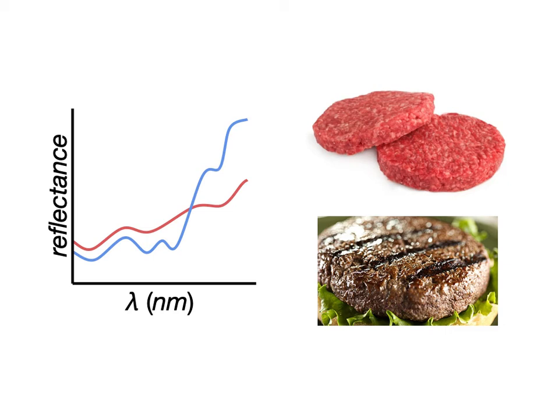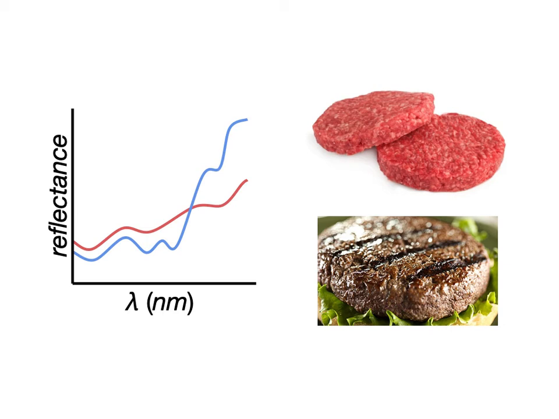You get more of this brown with shiny spots as opposed to this sort of matte red across the board. That's very important. This signals something. Even though it's the same object, it has changed in ways that are very important to know the difference about, right? You don't want to just eat raw meat. That's not great.